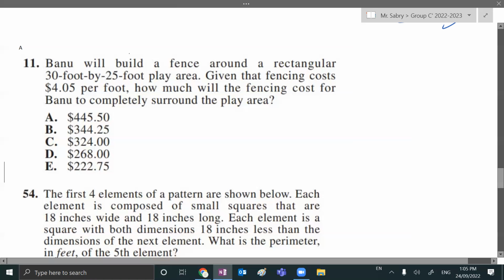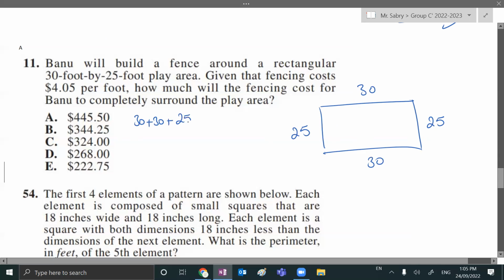So if I need to create a fence for a rectangular area like this one that has the measures of 30 by 25, then I need the parameter of the shape, which will become all of those sides added to each other. So 30 plus 30 plus 25 and 25, and that's 110.